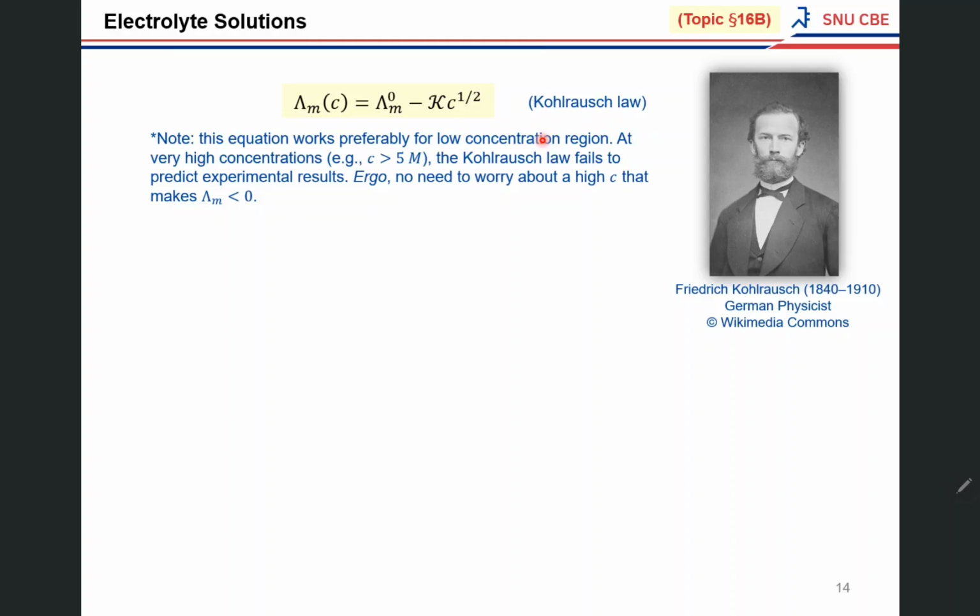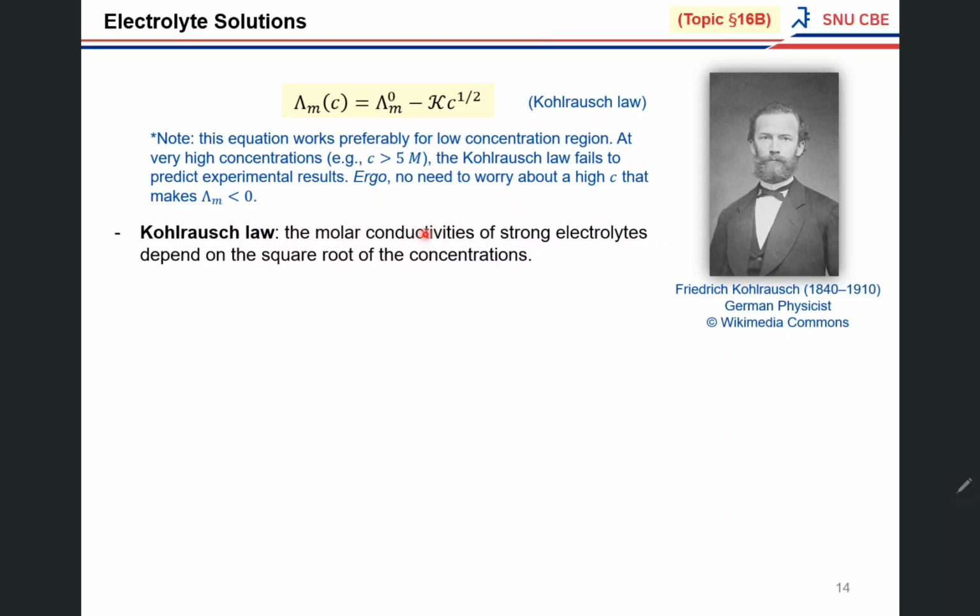But that doesn't happen because this law only describes when C is very small, so we basically don't reach the high concentration region that can make this value negative. This C value is basically very small. So this is the system that is required by the law.